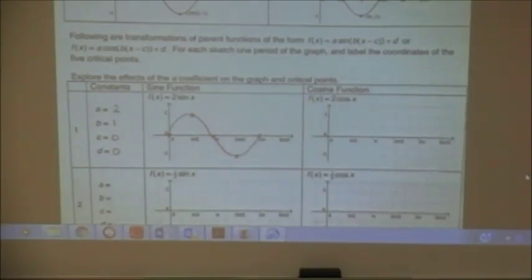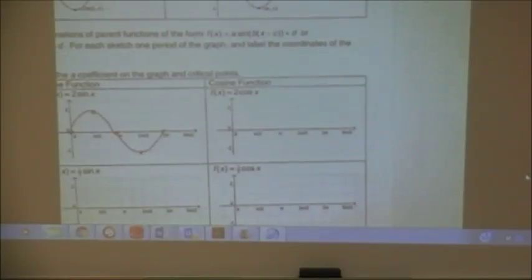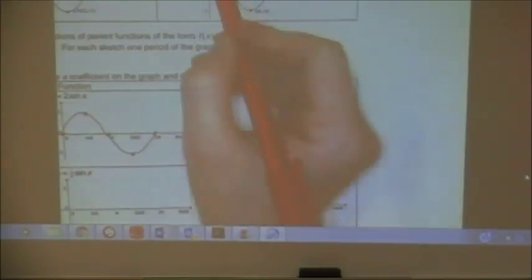It doesn't really look any different, and the reason why is because they scaled it differently. I wish they hadn't, but they did. So is everybody good? So we're going to do the same thing for cosine. It's still just a vertical change, so it's only affecting the Y values.